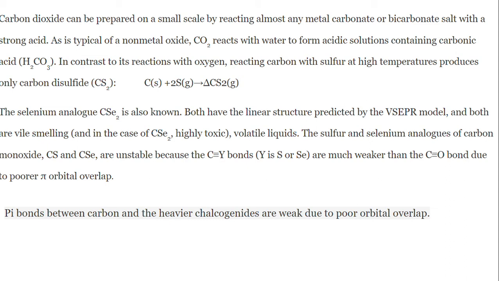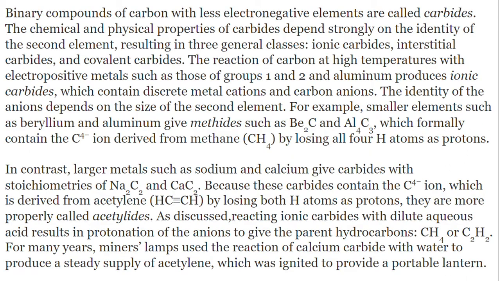The sulfur and selenium analogues of carbon monoxide, CS, carbon monosulfide, and CSe, are unstable because C≡Y bonds, where Y represents sulfur or selenium, are much weaker than the carbon monoxide bond due to poorer pi orbital overlap. Pi bonds between carbon and the higher chalcogenides are weak due to the poor orbital overlap.